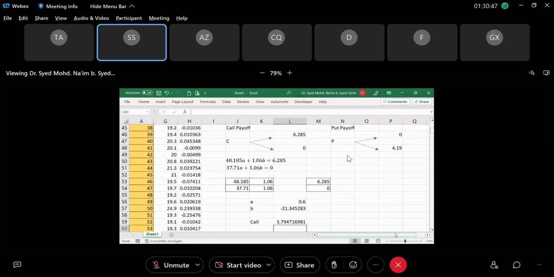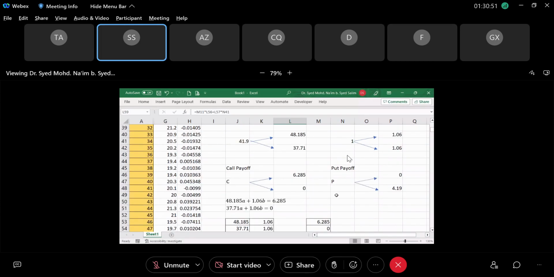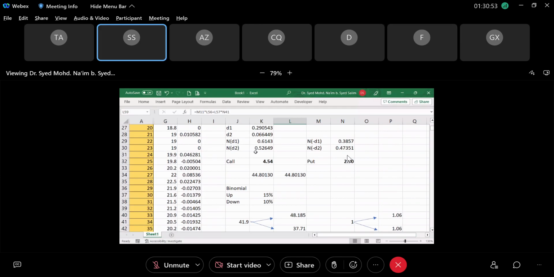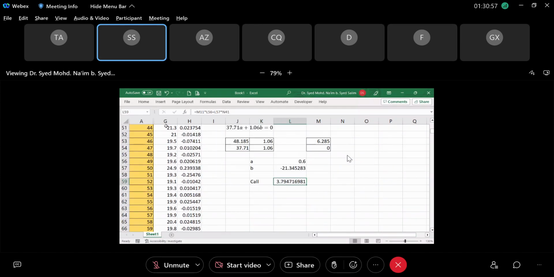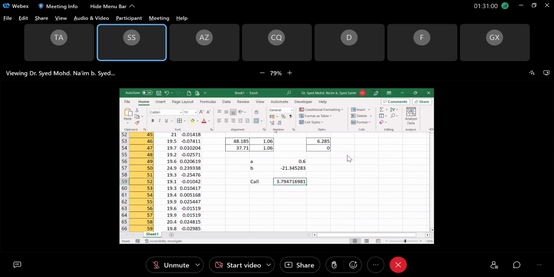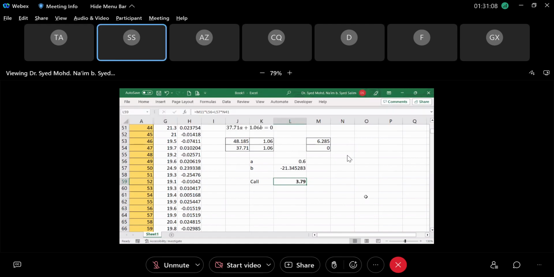So we get the call option here, it is 3.7, which is a bit different from 3.79. Okay, right. So that's a call option.